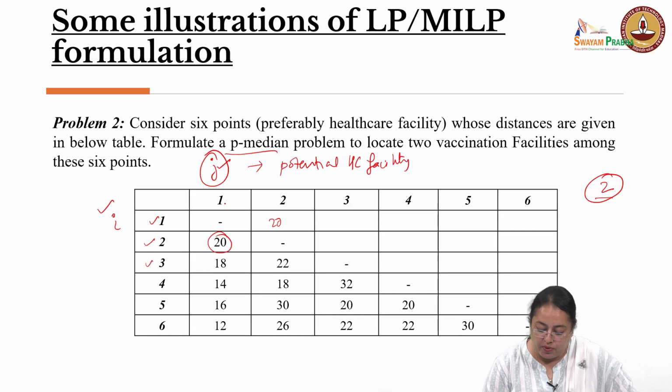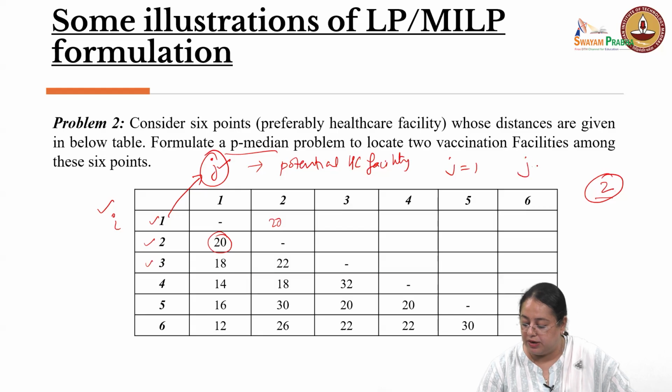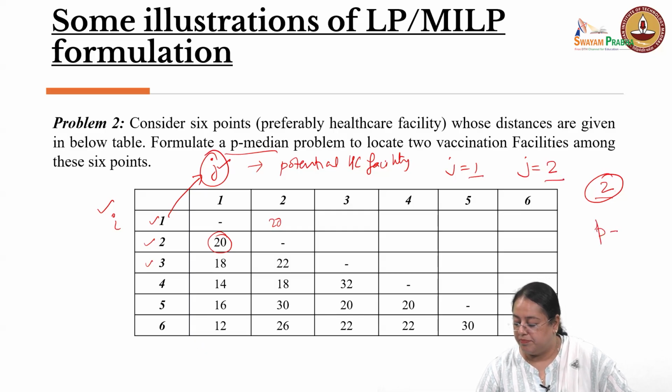So which point out of the 6 should be allocated to j equal to 1? Which one should be allocated to j equal to 2? If we want to locate two facilities, we call p equal to 2.